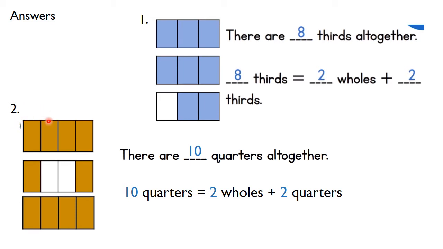If you count all the coloured in quarters, you'll see that you have 10 quarters altogether, and 10 quarters is the same as or equivalent to 2 wholes and 2 quarters. Now, if you didn't get this quite right, just slide back slightly to the previous slide and have another go, and see where you might have gone wrong.